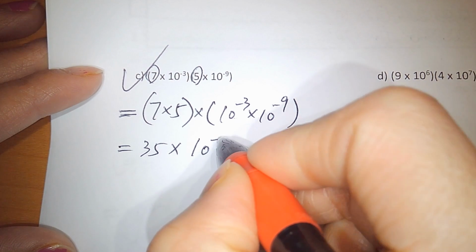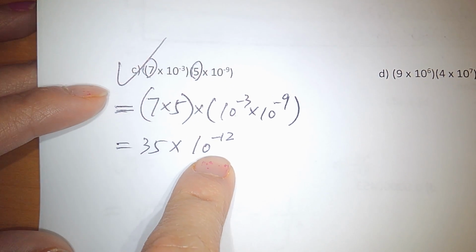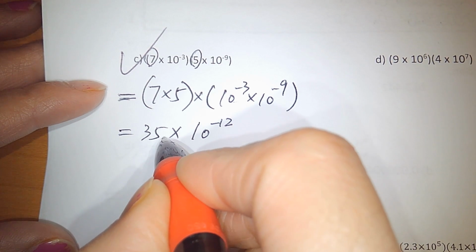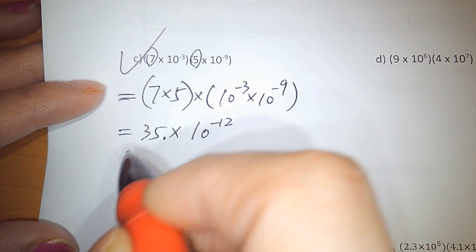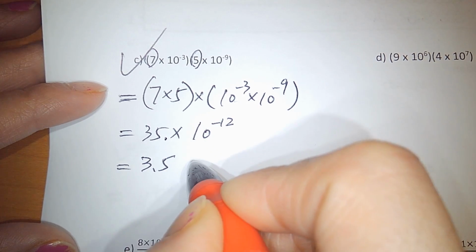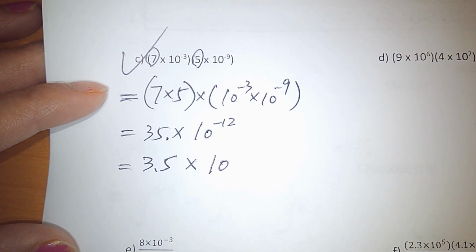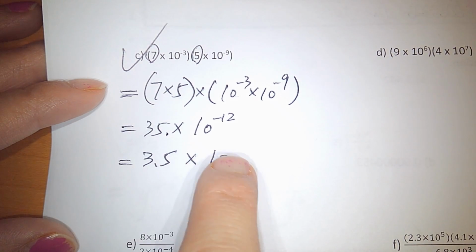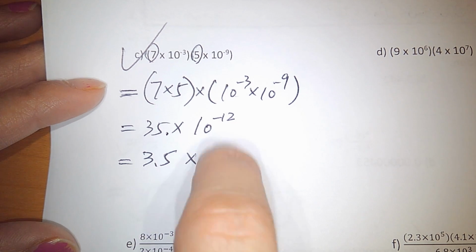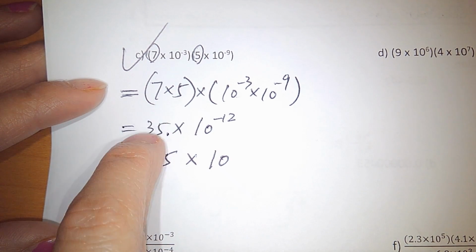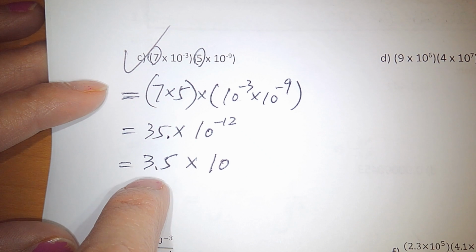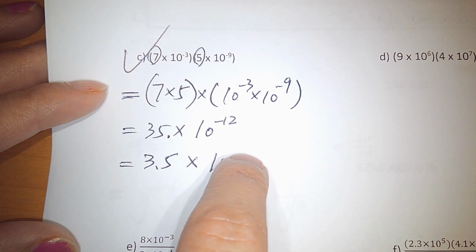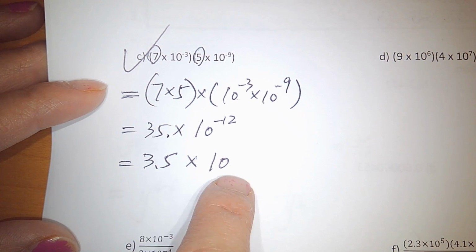Negative 12, yes. Do you think this number is in scientific notation? No. The current decimal point is here, right? So we have to move the decimal point to the left for 1 digit. Then, if we move the decimal point to the left for 1 digit, what can we do with this exponent? This number goes from 35 to 3.5, it becomes smaller. This power has to be greater in order to be balanced, right?